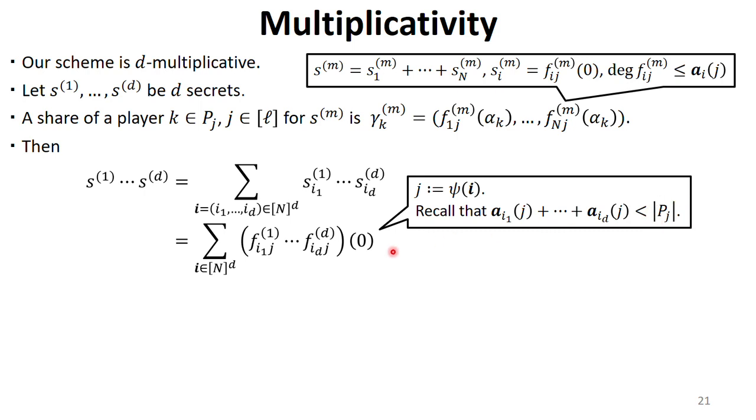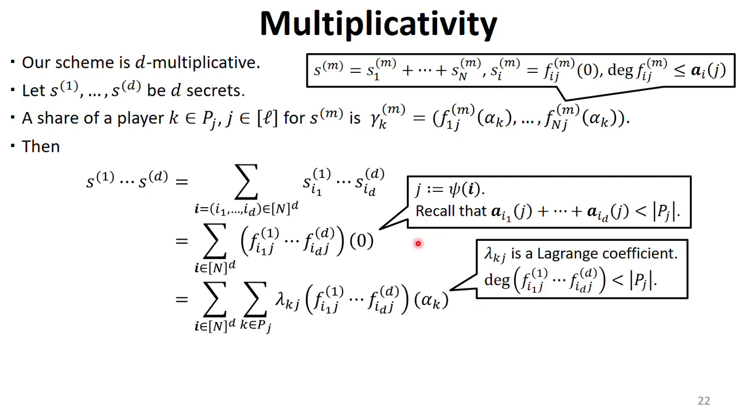So the degree of this polynomial is at most this value. So the degree is less than the size of pj. Therefore, the players in pj can compute this value from their shares by Lagrange interpolation.